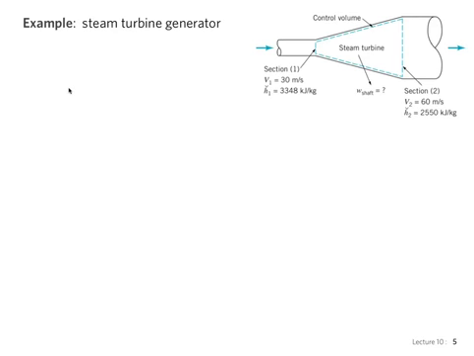So to be able to solve this problem, we're going to first assume that it's adiabatic flow, so there's no heat transfer, Q dot equals 0. Also, we're going to assume no changes in elevation.